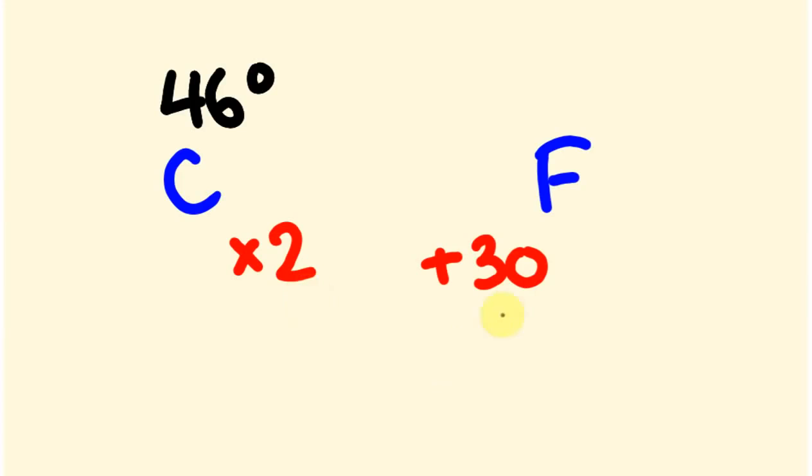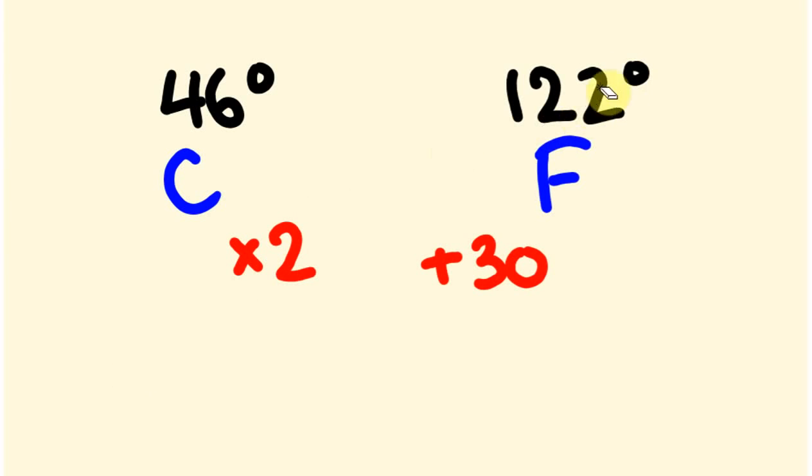Okay, 92 plus 30 is going to be 122. 122 degrees Fahrenheit. The actual answer, by the way, if we use the proper formula, is around about 115. So we're 7 degrees out there. It's not a huge amount. I mean, if you have to be exact, obviously use the proper formula. So how'd you go with that? Good? Hopefully well.